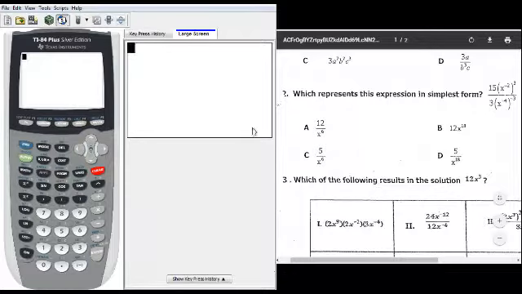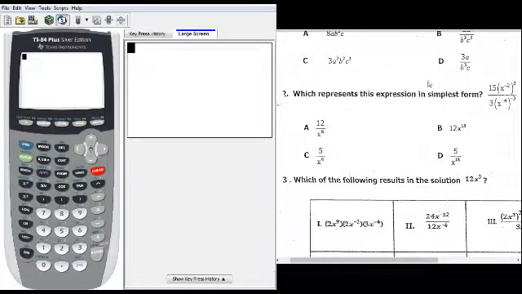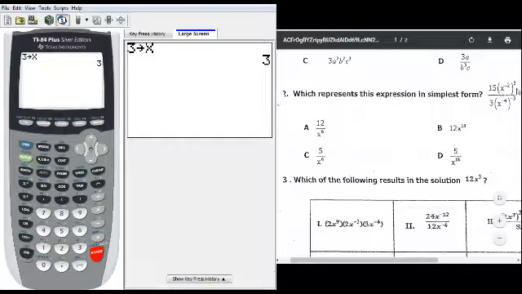Alright, so here we go. Since we have one variable, we're going to use the 3, 4, 5 rule. In this case we only have one variable, so we're going to assign 3 as the only number we're going to use with x. So 3 store x. Now again, we have a fraction, so we're going to put parentheses around the top, and parentheses around the bottom.